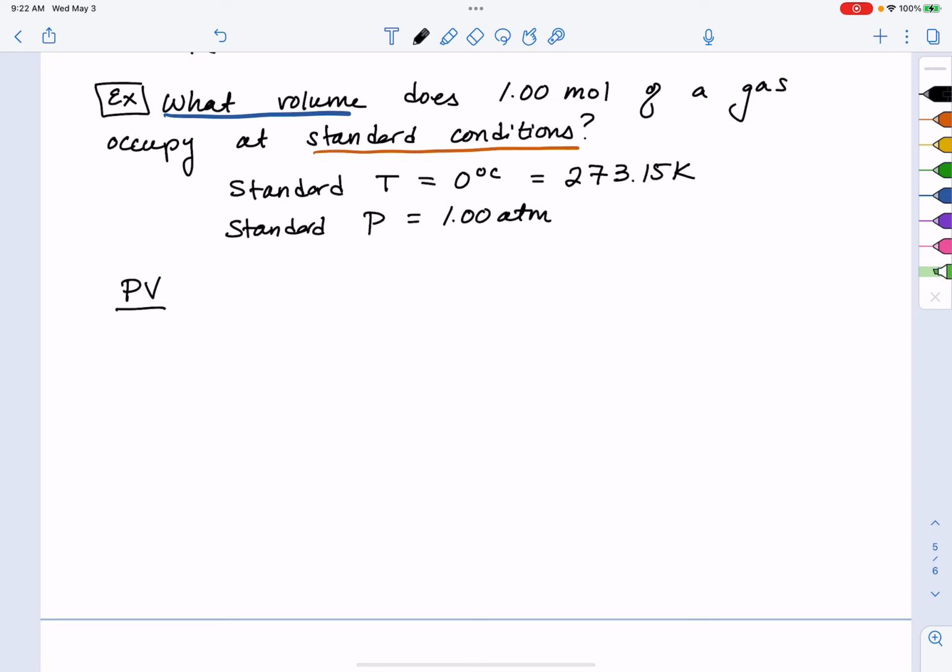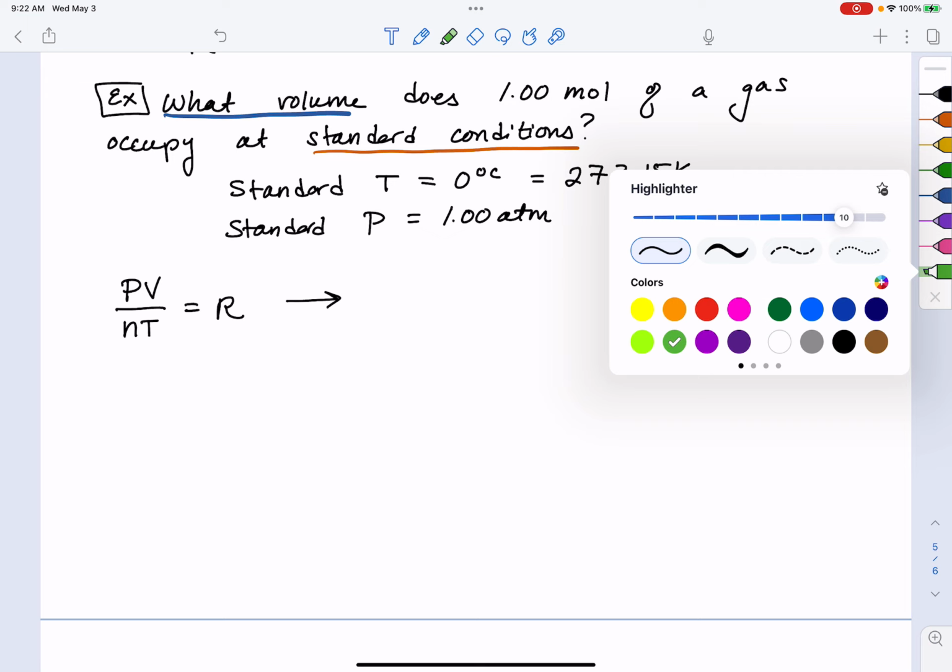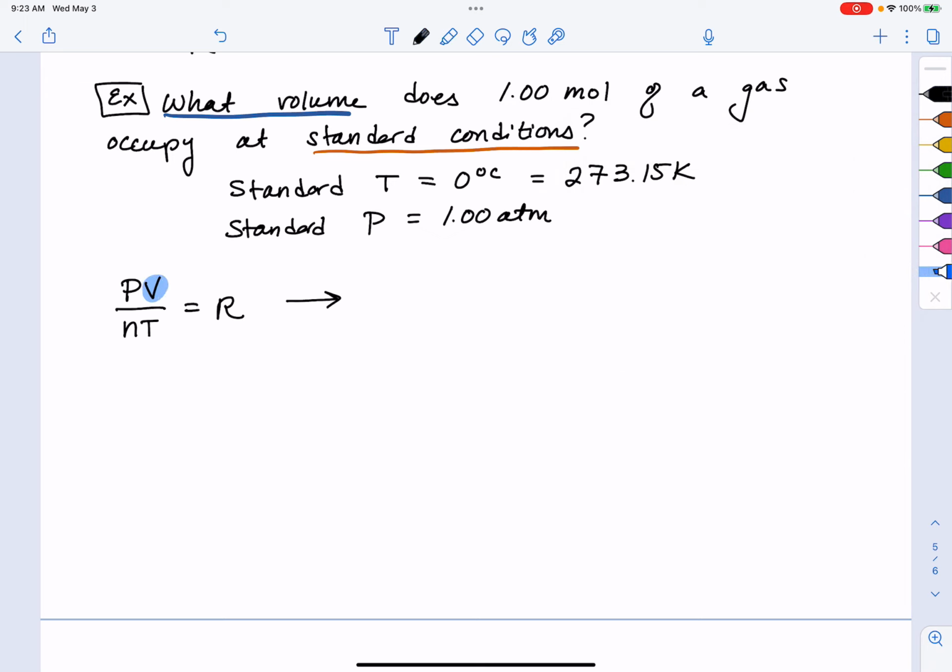So that's PV over NT is equal to R. And since I want to find my volume, that is my variable of interest here, I'm going to go ahead and rearrange this equation by multiplying both sides by NT and then dividing both sides by P. So doing a little bit of algebra right off the bat, this gives me nRT over P for my volume expression. So if you need to pause and verify that for yourself, feel free to do so now.